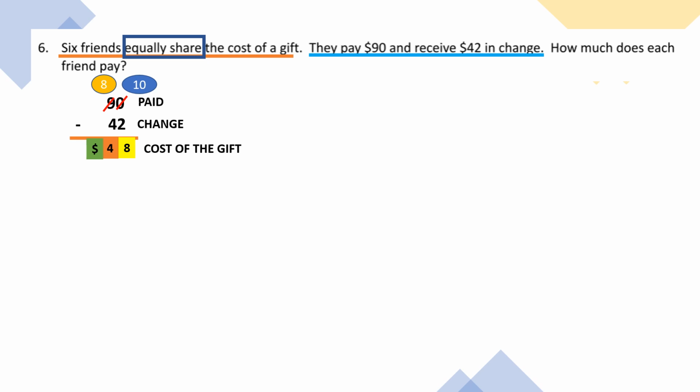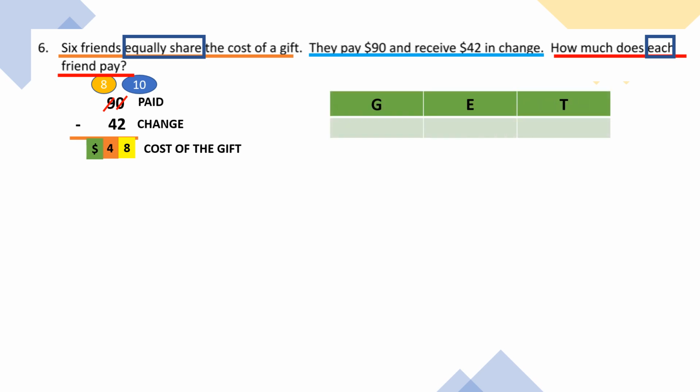Okay, now let's keep reading because I still haven't gotten to the question part, right? How much does each friend pay? Each. I see that word each, so I need a get chart. After I write down my get chart, I can start filling it in.